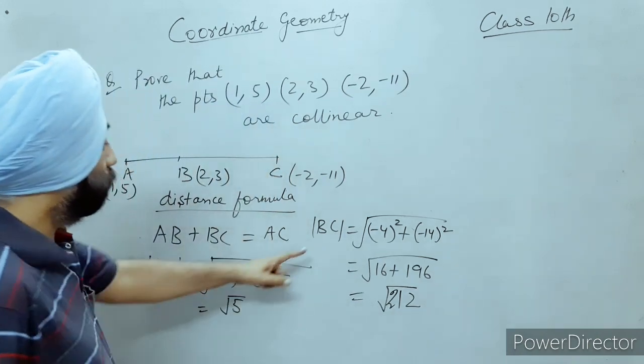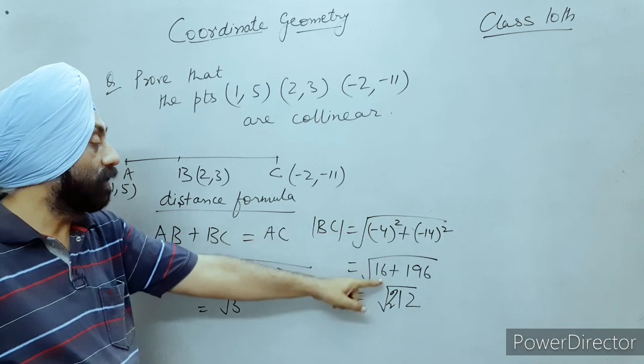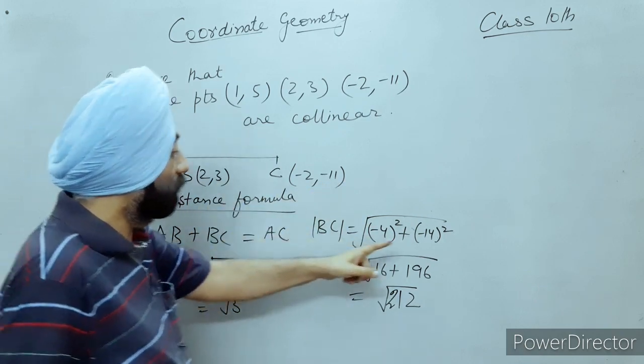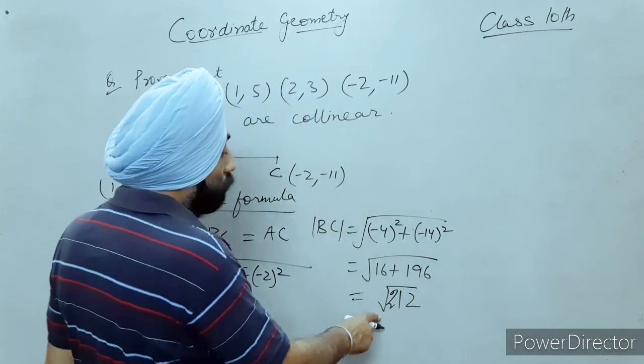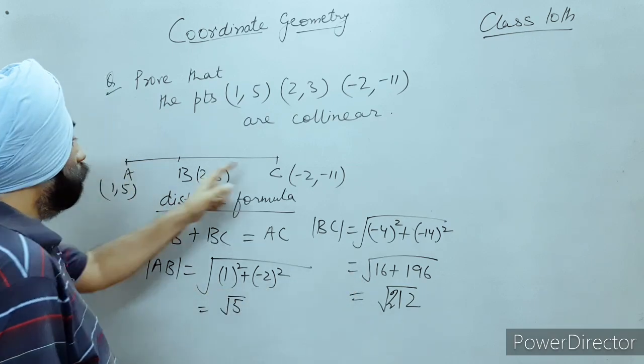Now BC distance I found, minus 2 minus 4 the square is 16 and minus 11 minus 3, that is minus 14, the square is 196, that is 212. Now the sum of these two must be equal to AC.